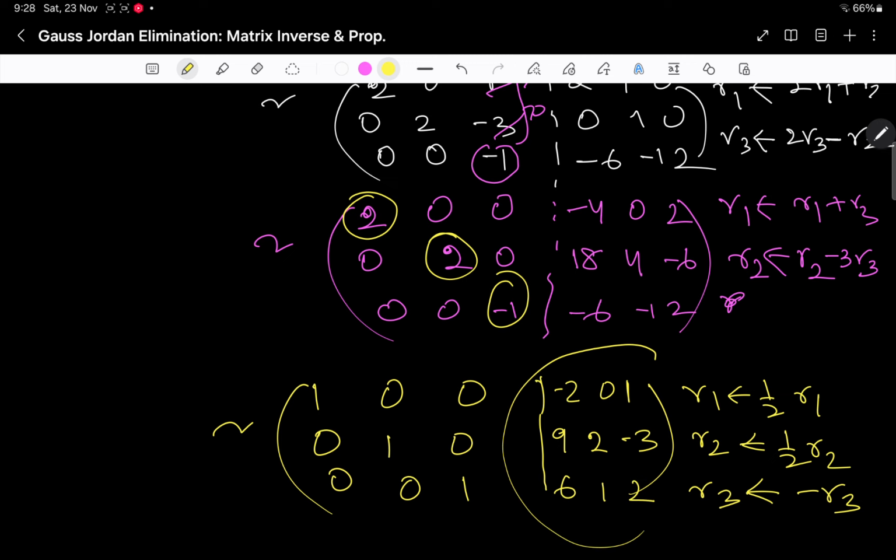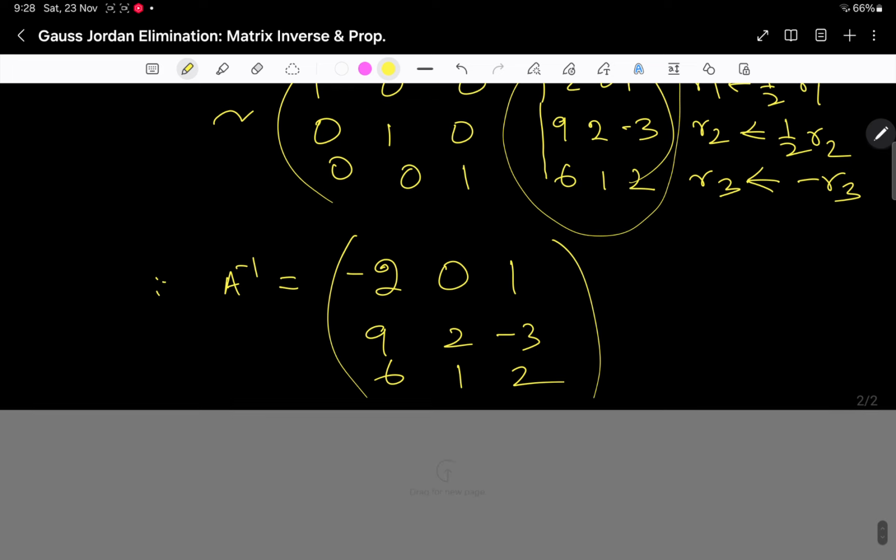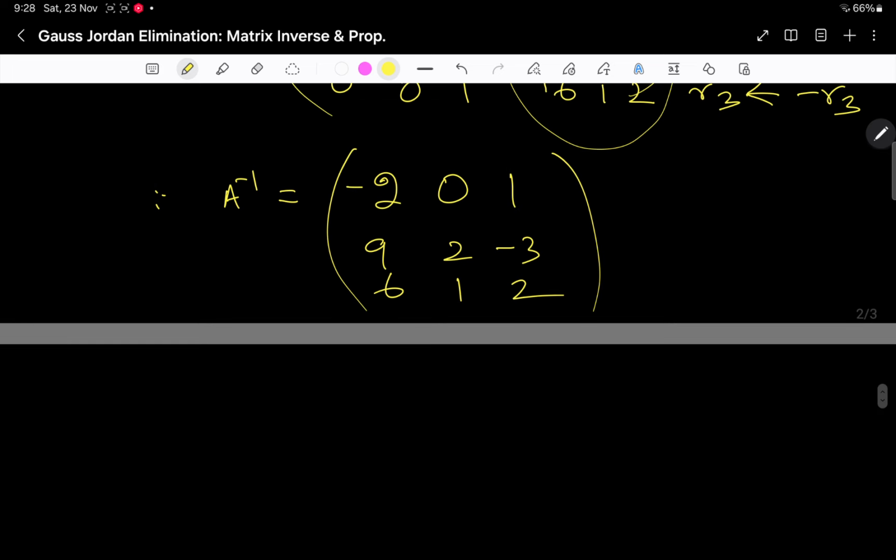Now this must be the inverse. Therefore my A inverse will be equal to minus 2 0 1, 9 2 minus 3, 6 1 and 2. If you have any doubt and want to check it, then you just multiply A with A inverse, and you see it must be your identity.